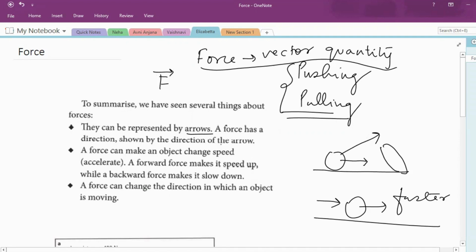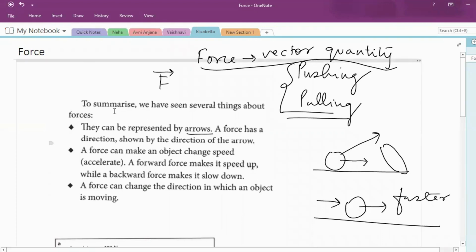Now force can make an object change its speed, which means it can accelerate also, and it can also stop an object from moving, which we already discussed. Force can also change the direction in which the object is moving. So all of these things you've understood about force, right? Okay.